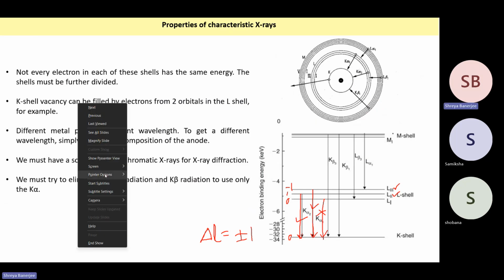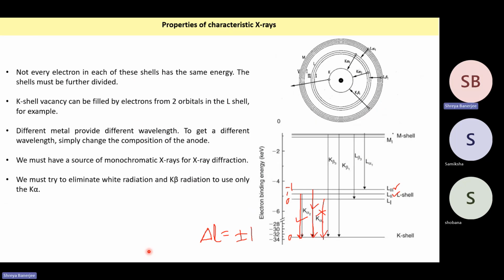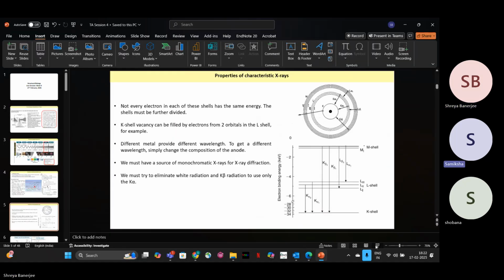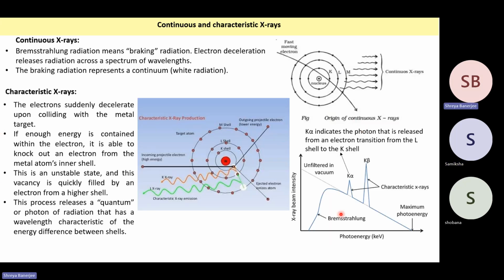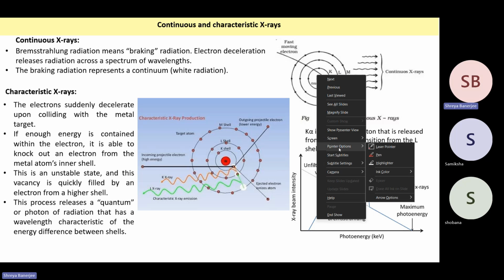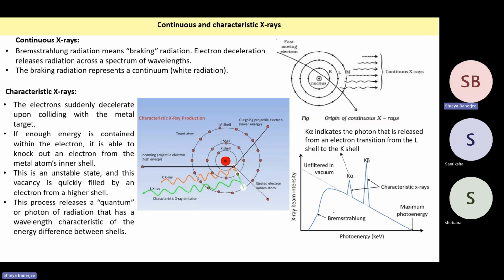Now, what this slide was saying is that not every X-ray is characteristic. Ma'am, what is the difference between continuous and characteristic? So you can see, continuous is this entire range of X-ray.